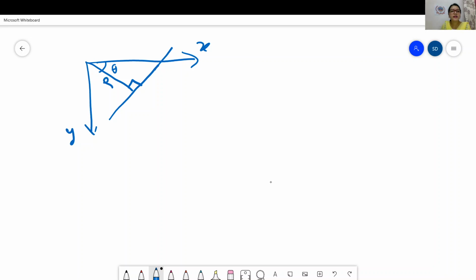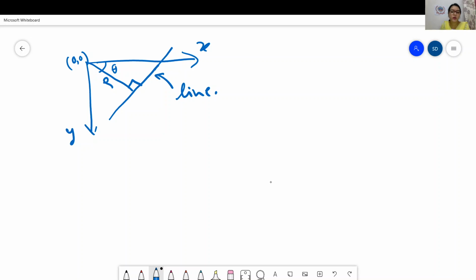And this is the distance from the origin to this particular line. So this is my actual line. And this line can be represented in terms of rho. Rho is the perpendicular distance from the origin to this particular line. And theta is the angle formed by this perpendicular with the x-axis. Fine, understood?